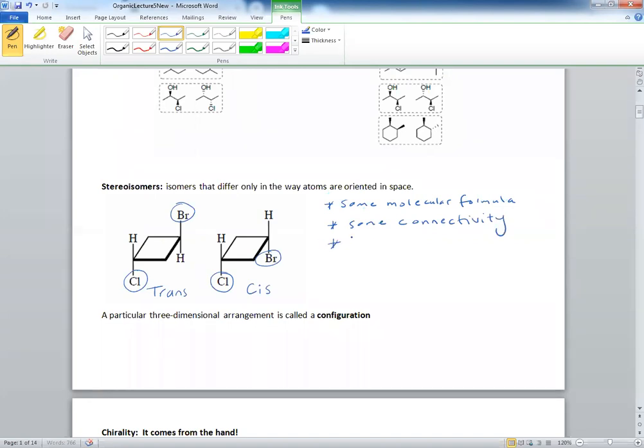And of course, what they have different is a different arrangement of atoms in space. So again, they have a different arrangement of atoms in space. Look how the bromine and the chlorine are on opposite sides here, but they are on the same side. So that's a different arrangement in space rather than having them both down, where one is up and the other one is down. That's what we mean.